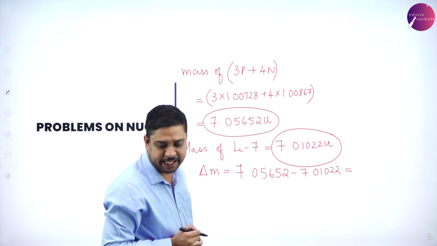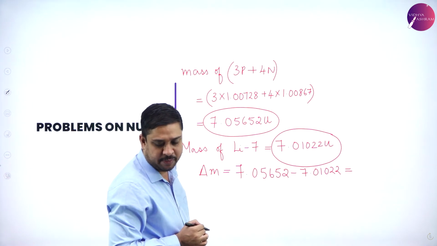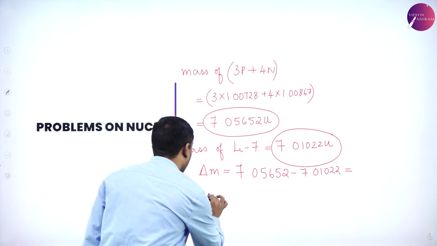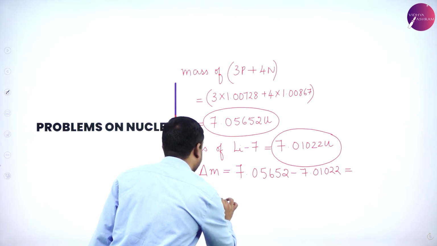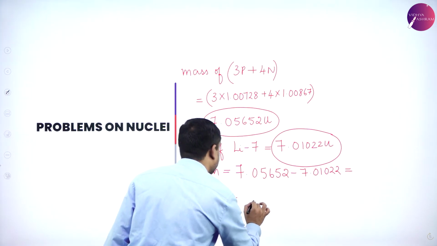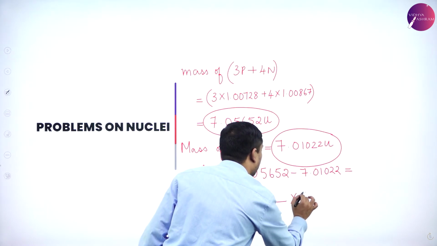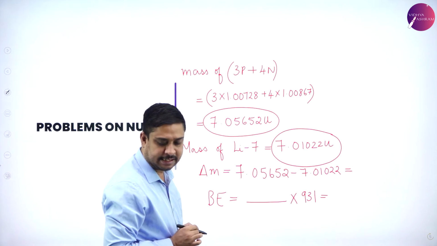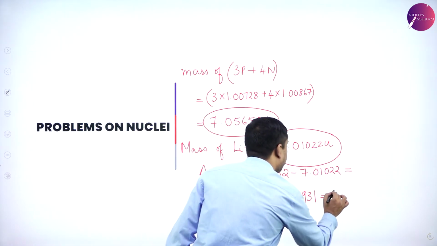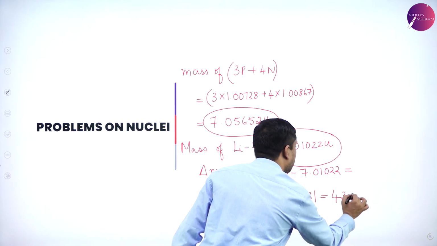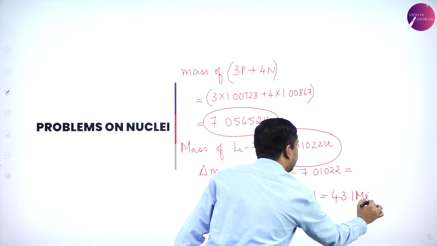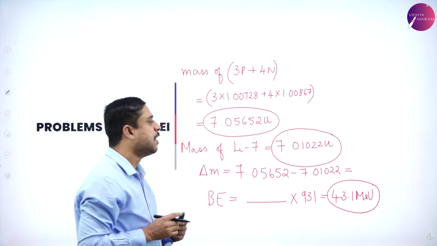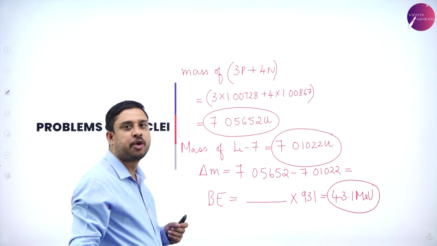We subtract them. Now binding energy is so much into 931. So this turns out to be 43.1 MeV. These are the simple calculations which I expect you all to perform.